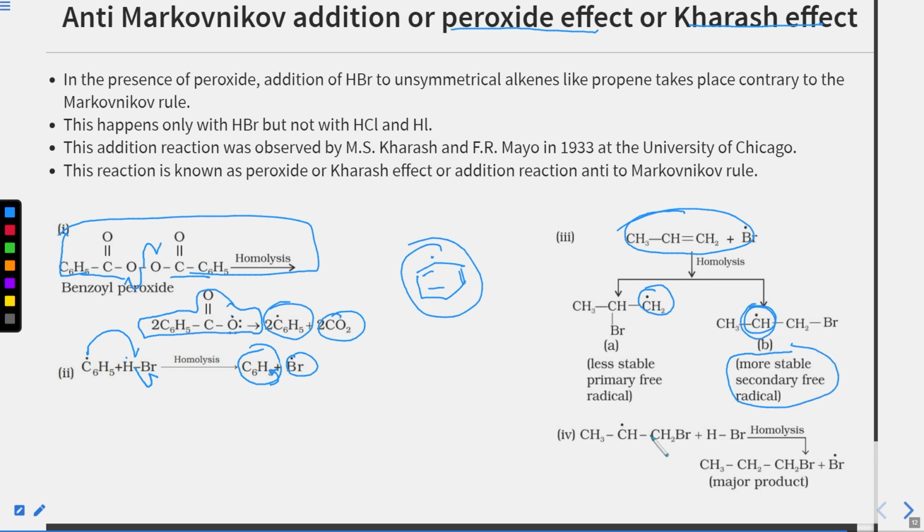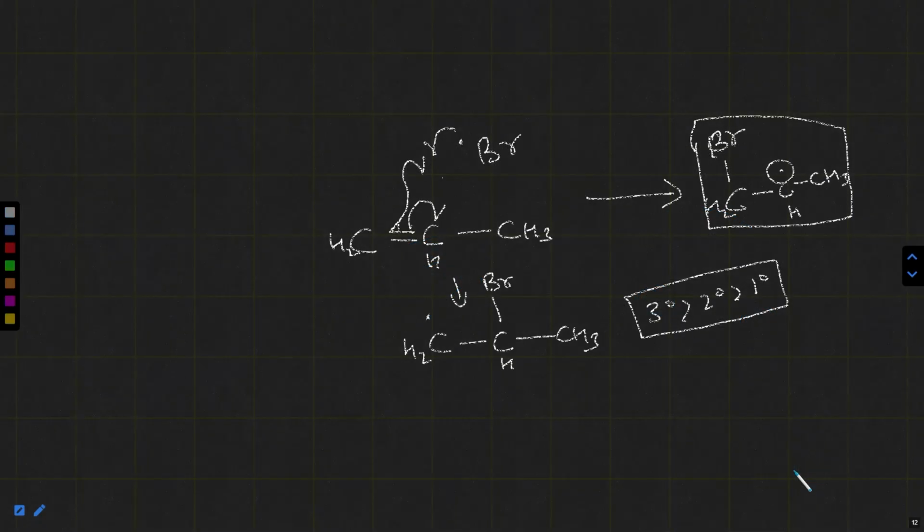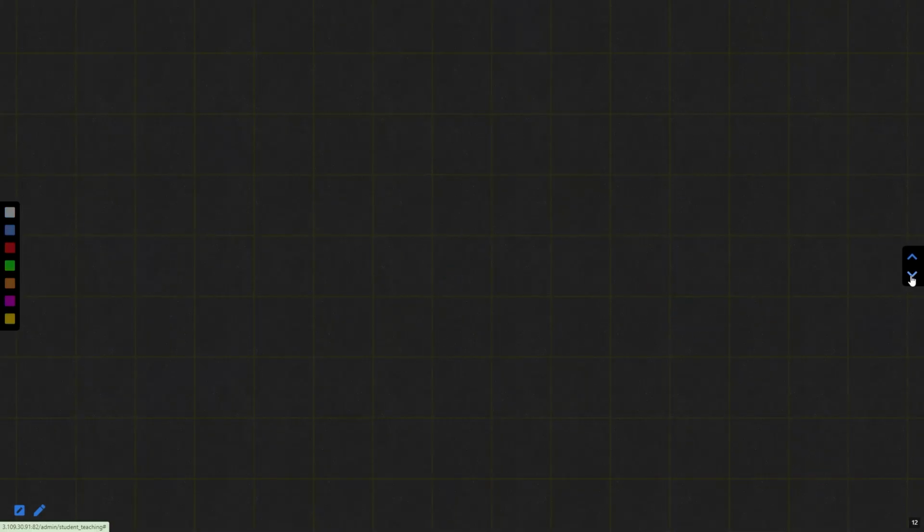Now this C dot will again take H from here, and we will get a Br dot back. And the product that is formed is this one. Now you can see that Br is on the opposite side. So if I summarize both of the reactions, then we have two cases.